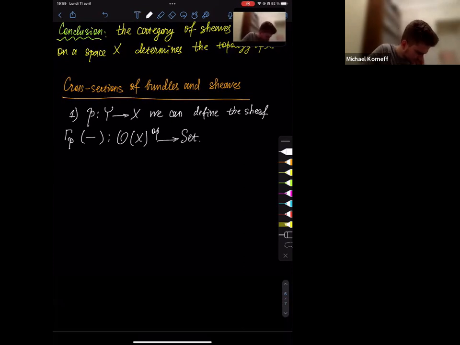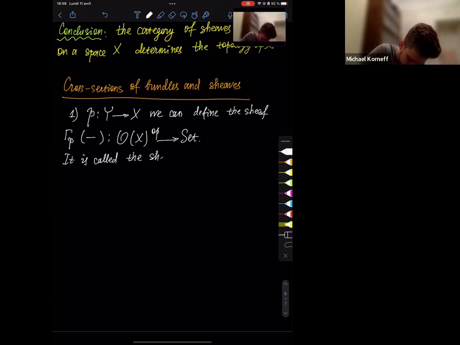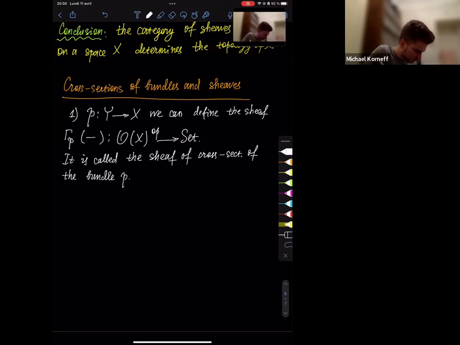It is called the sheaf of cross sections of the bundle P. And of course, it comes from algebraic topology, algebraic geometry also.